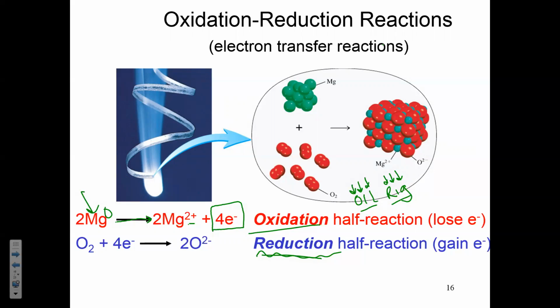Here, with reduction, and we'll work through these, it will make more sense in the next slide, our oxygen is actually gaining the electron, so the positive side is over here. We're gaining electrons, and again, our charge is going to change. But because we're gaining electrons, we become more negative. Bringing on negative charges makes us more negative. So reduction is gaining electrons, becoming more negative. Oxidation is losing electrons, or becoming more positive.